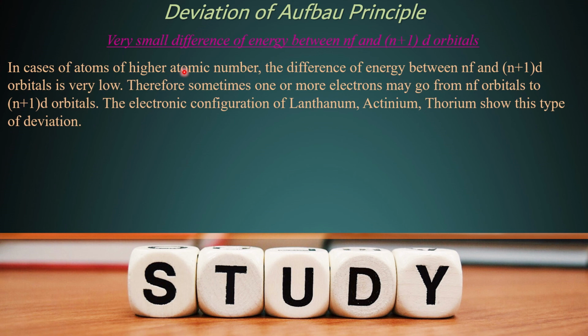In the case of atoms of higher atomic number, the difference of energy between nf and (n+1)d orbitals is very low. Therefore, sometimes one or more electrons may go from nf orbitals to (n+1)d orbitals. The electronic configurations of lanthanum, actinium, thorium show this type of deviation.